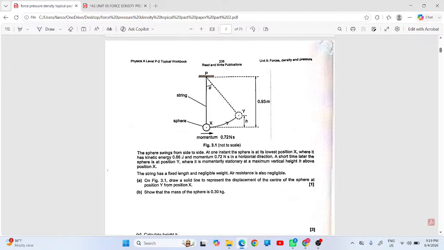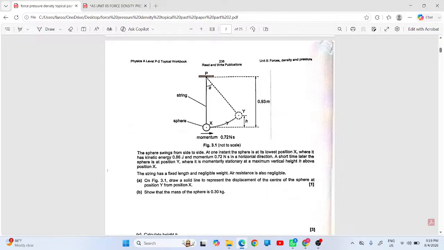So here we have a pendulum. Pendulum is moving from x to y through here to height h. Next is on figure 3.1. Draw a solid line to represent the displacement of the center of sphere at position y from position x.